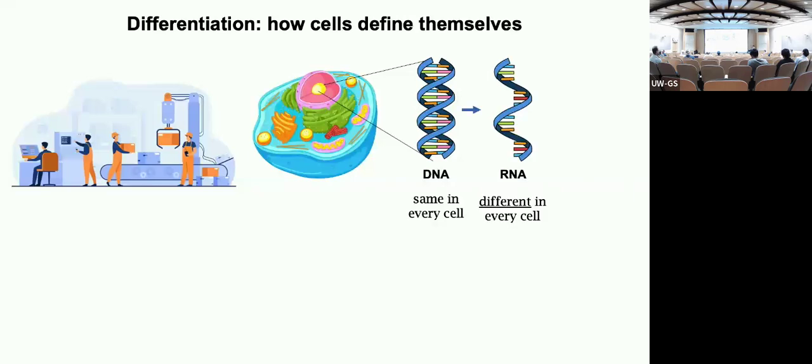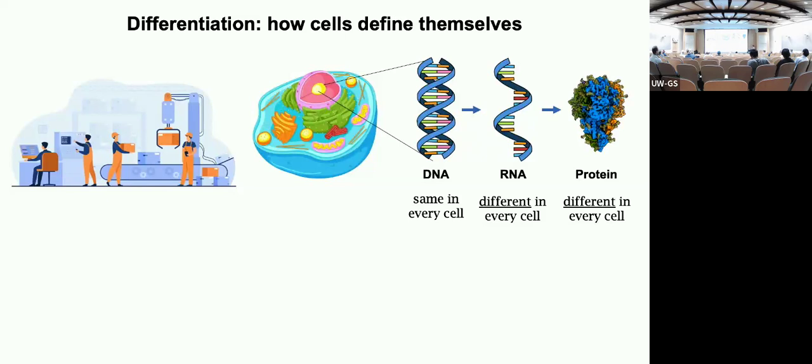This ends up being read out into a different code called RNA, and that is different in every single cell. This RNA becomes protein, which again is different in every single cell. This is the central dogma of biology, and explains how the differences in our body emerge.